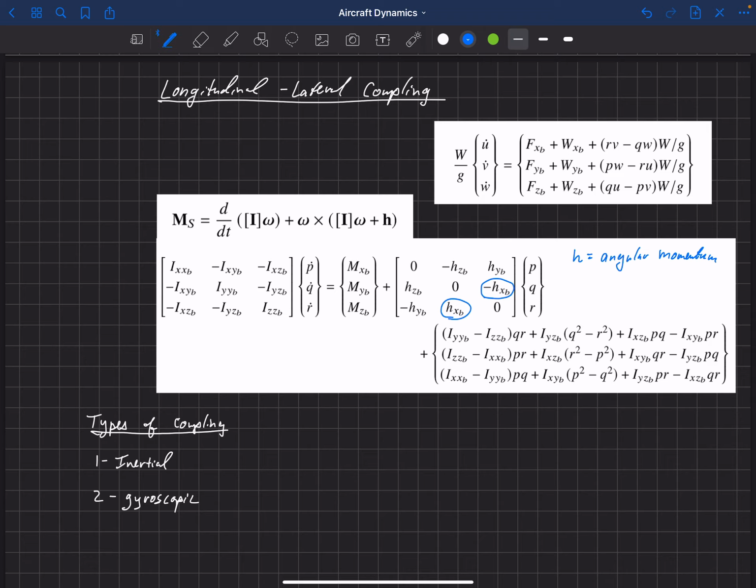So let's say we've got h sub x here, and now we can see that if we have some yaw rate, so that's r here. Remember, r is our yaw rate. If we yaw the aircraft right or left, the fact that we have this rotating propeller is actually going to create a moment about the y-axis. It's in this equation right here.